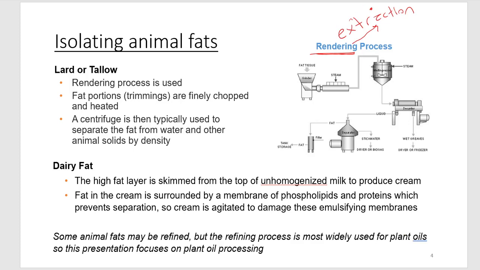Lard and tallow are 2 main animal fats. In rendering process, fat portions are trimmed, separated from meat, finally chopped and heated with water. I will show you in a different page. So we have fat portions in water.